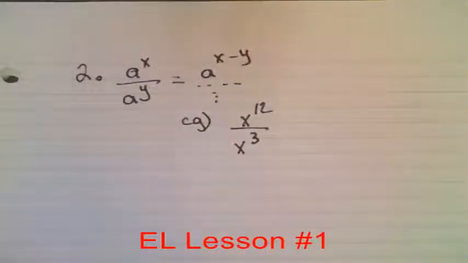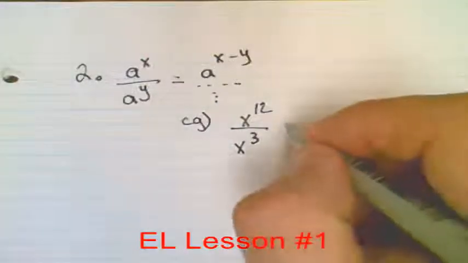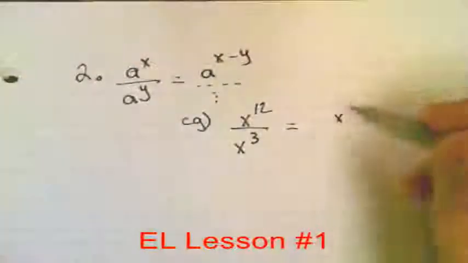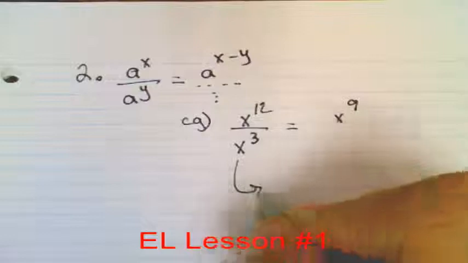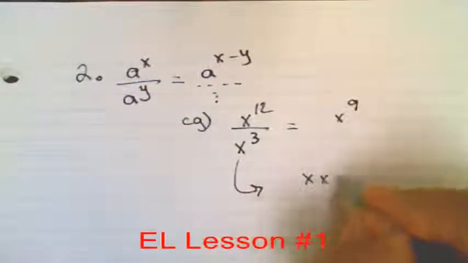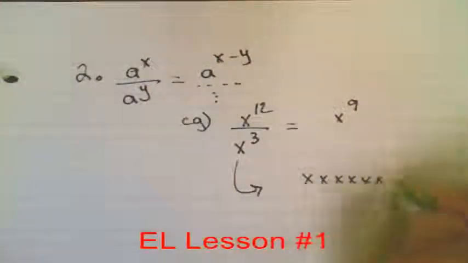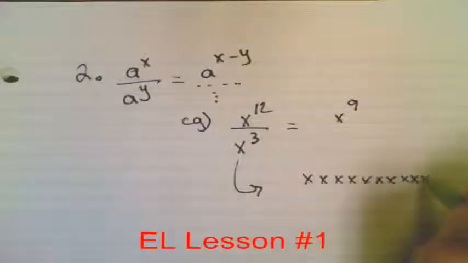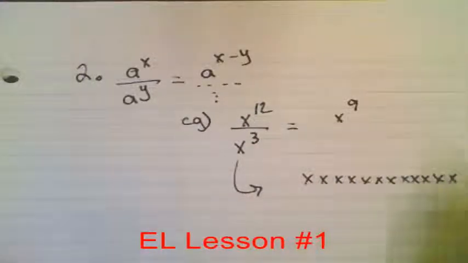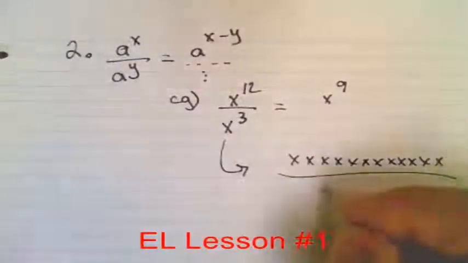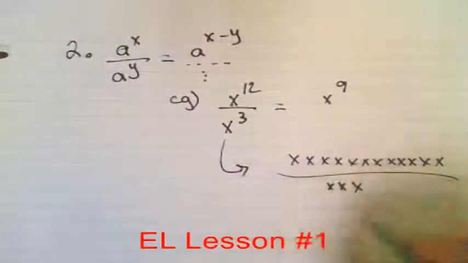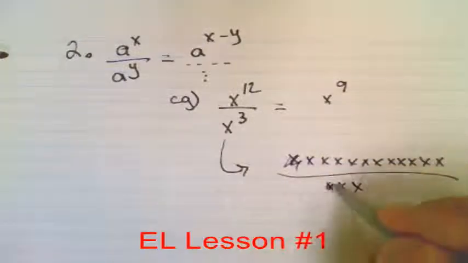We've looked already at things like this, e.g., if I have x to the 12th divided by x cubed, okay? What is that going to be? Well, you can use the exponent law, keep the base the same, and 12 minus 3 is 9, okay? That's one way to look at it. Before, what we did was this. There were 12 x's. 1, 2, 3, 4, 5, 6, 7, 8, 9, 10, 11, 12.